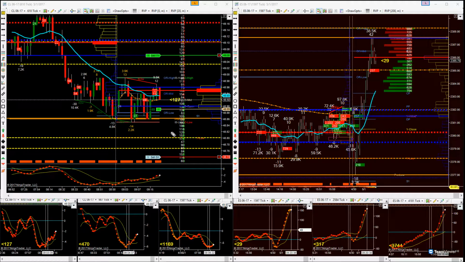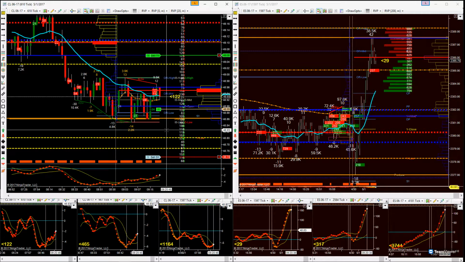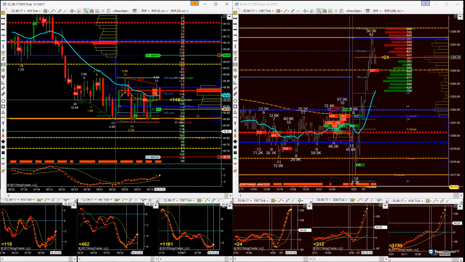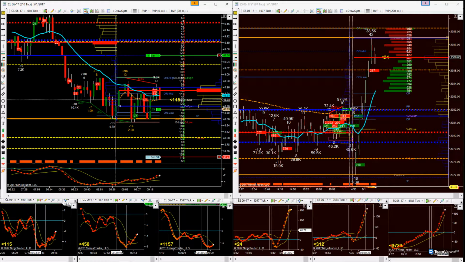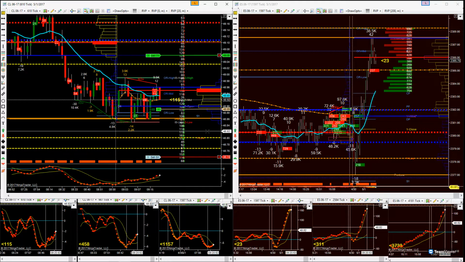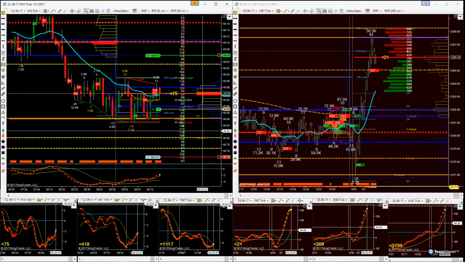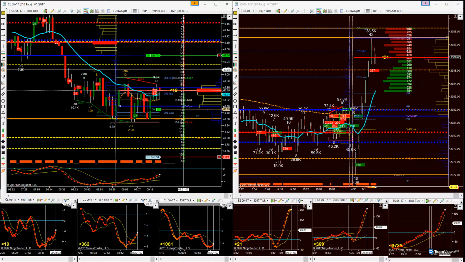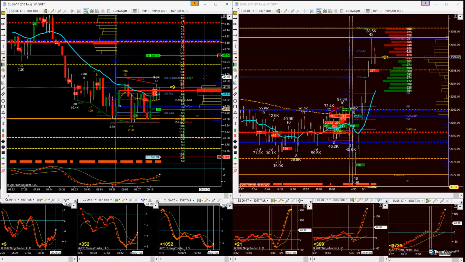I don't like it when the BBs get too far ahead of price. That overextension on the BBs does not always work out well for us. So we really want to see price catch up to those BBs. I really want to see price start pushing a little bit here.